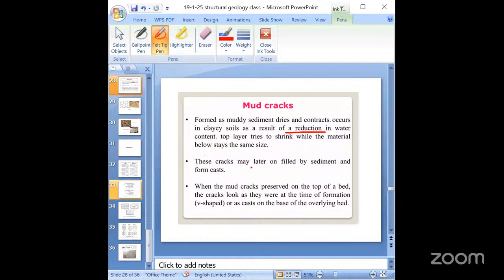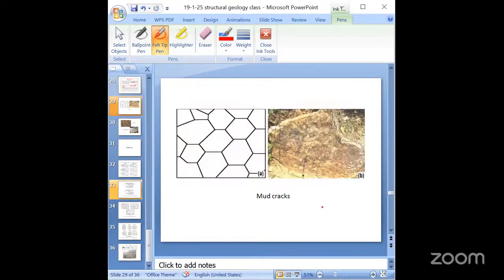These cracks may later be filled by sediment and form casts. When the mud cracks are preserved on the top of a bed, the cracks look as they were at the time of formation, or as casts on the base of the overlying beds.